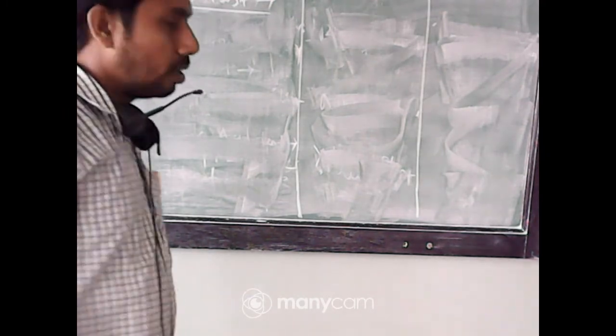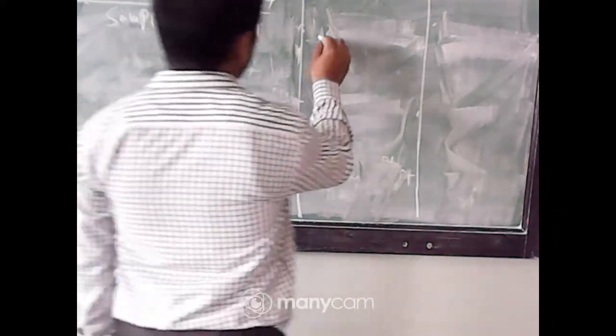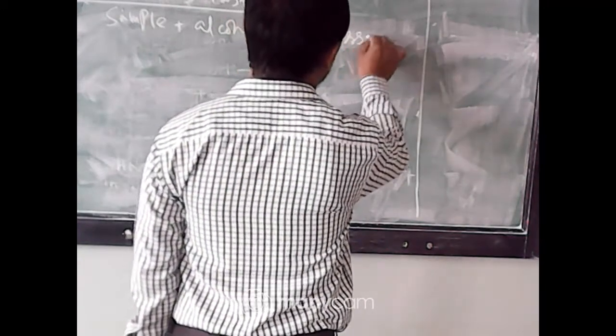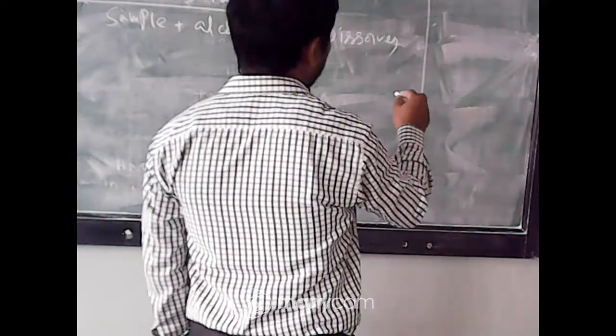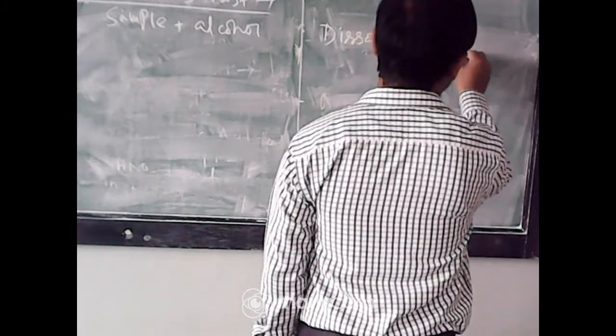Chloroform is basically used to make one senseless, so it is very risky to work with this reagent. So the solubility test is basically done with alcohol. Sample plus alcohol dissolves, that means fat present.